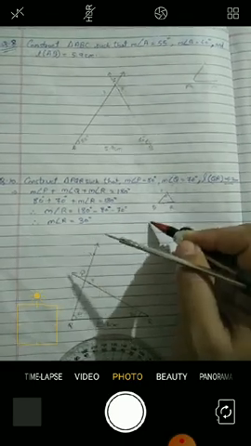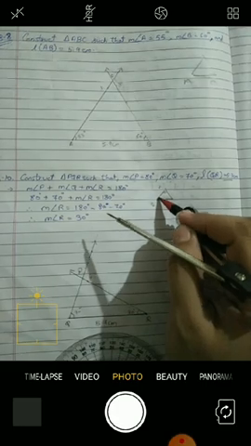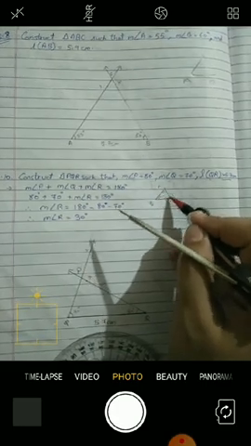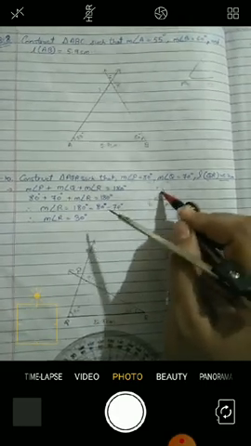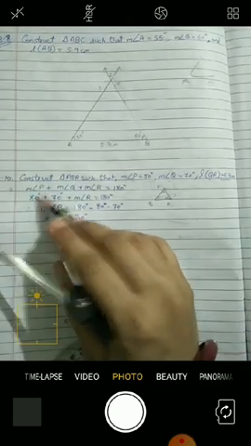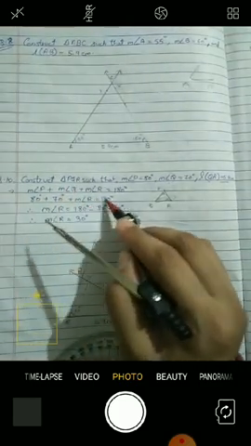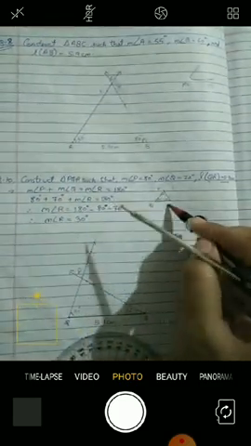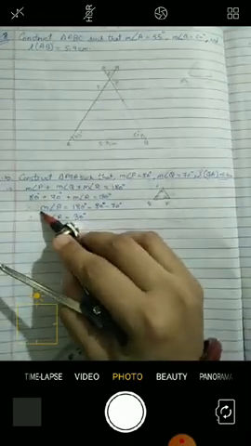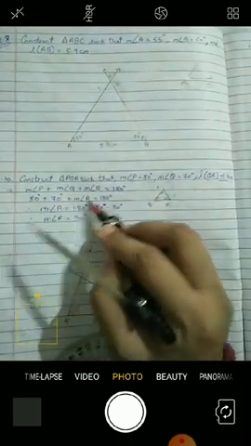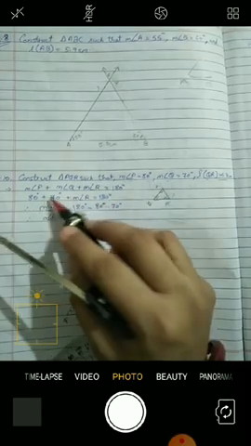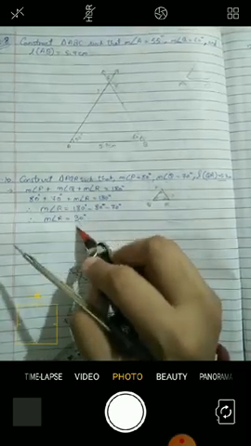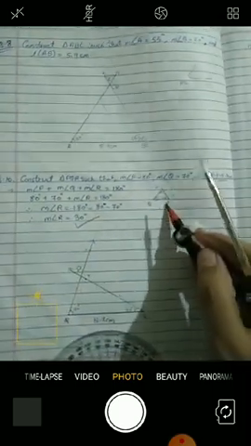Q is 70 degree and R we don't know, so we will write 80 plus 70 plus angle R equal to 180. This is angle sum property. So measure angle R equal to 180 minus 80 minus 70. We got the answer 30 degrees. So measure angle R is 30 degrees.